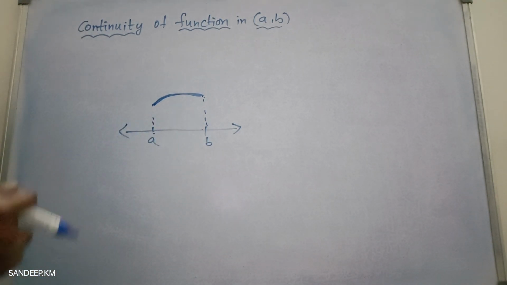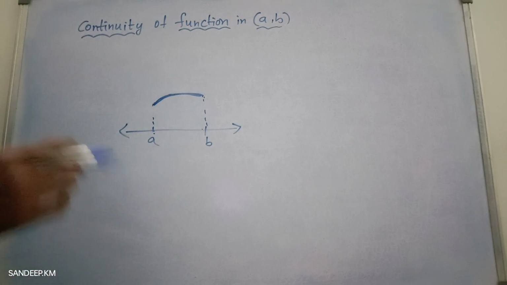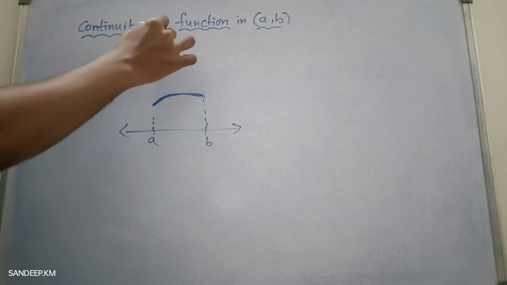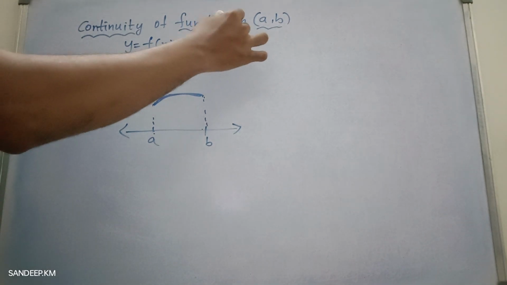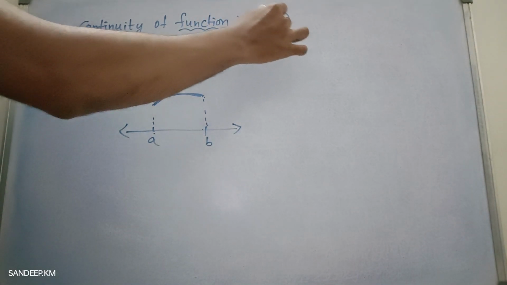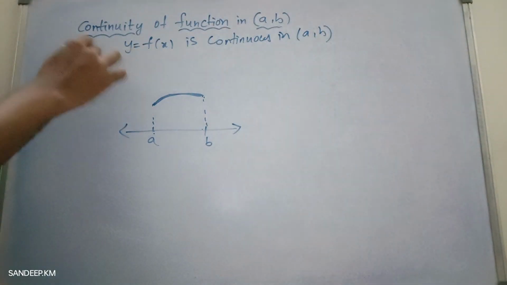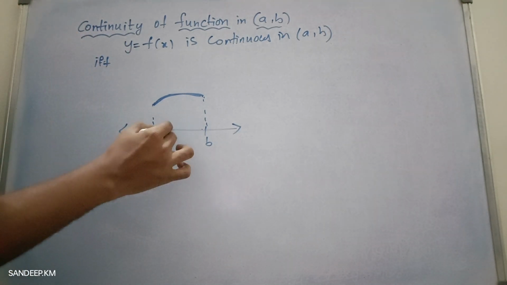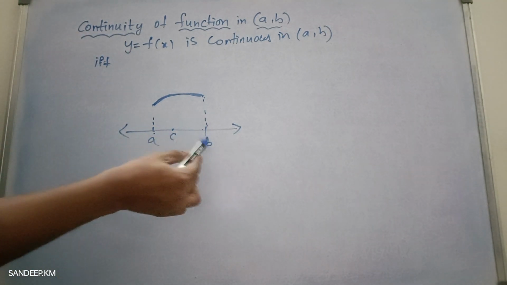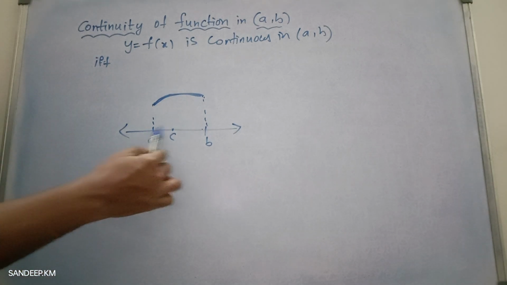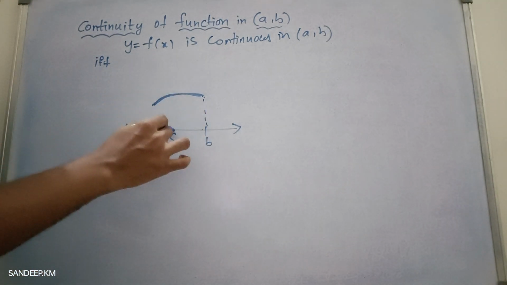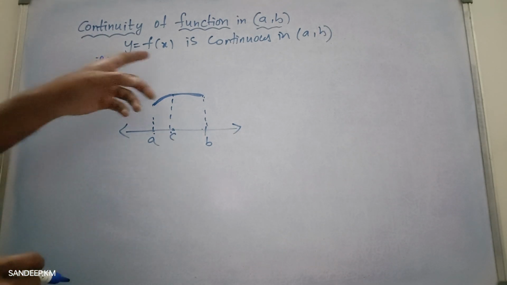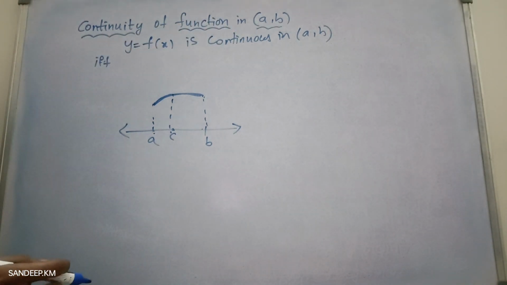But mathematically, how can I say? Mathematically, I can say that a function y is equal to f of x is continuous in the open interval a comma b if, you take any number, for example c, between a comma b, at that particular number the function must be continuous. When can I say that f of x is continuous in the open interval a comma b?